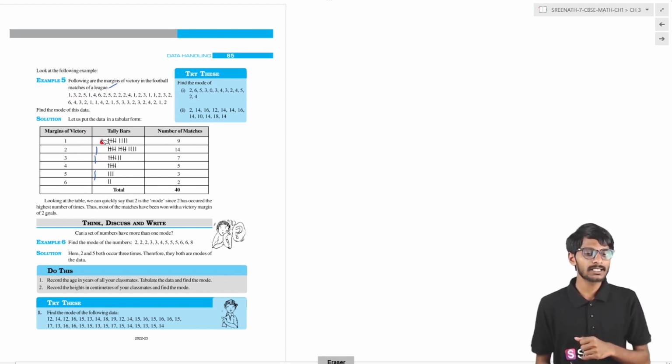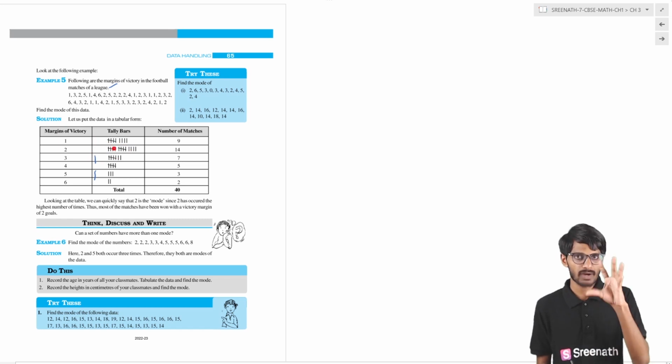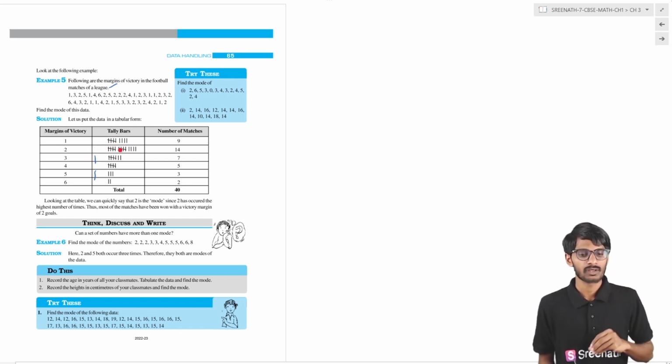After completing 4 bars, you draw a cross bar like this, which gives the total of 5. So this is 5, this is 5, simply 10, and this is 14. So the value is simply 14. You have to write the number of matches.